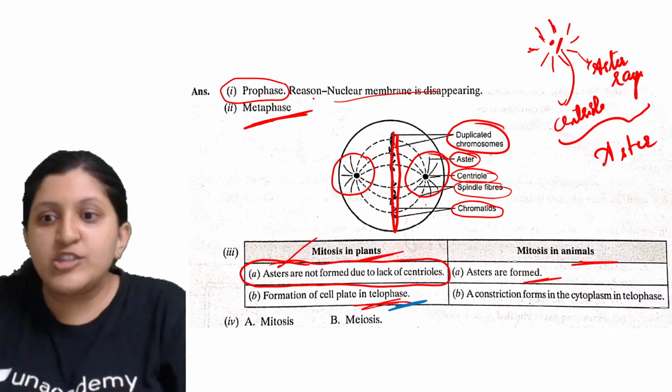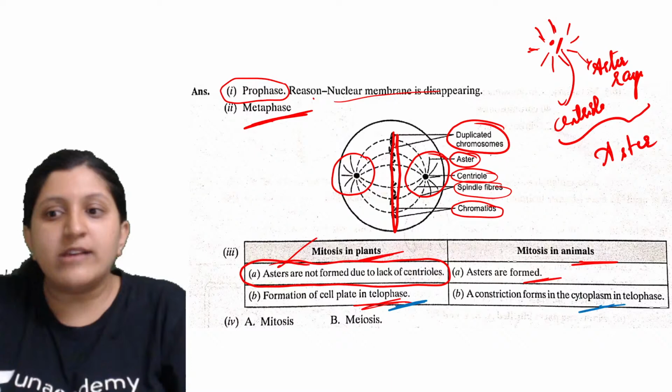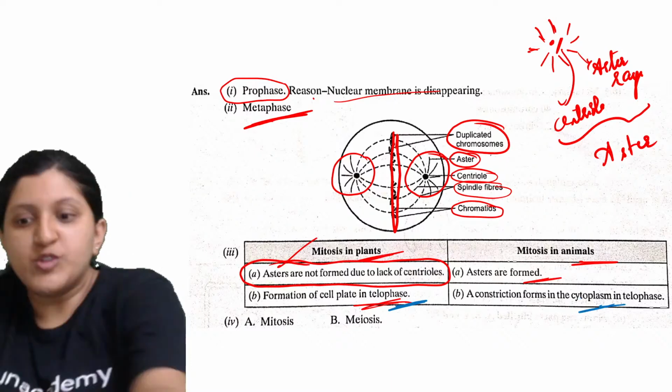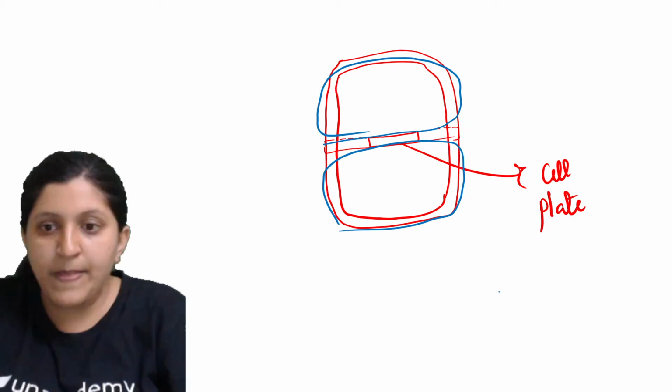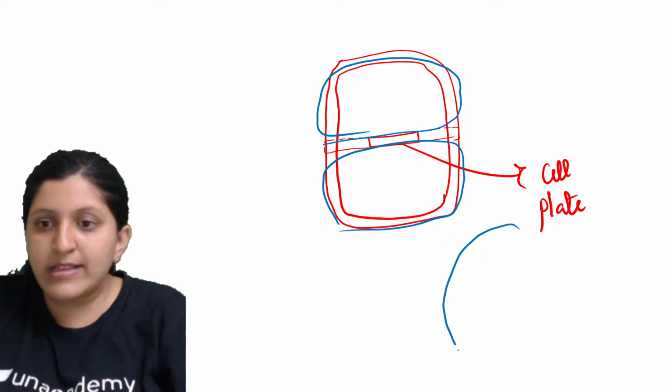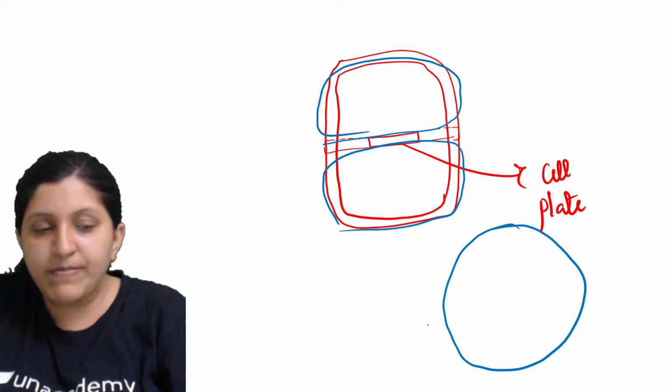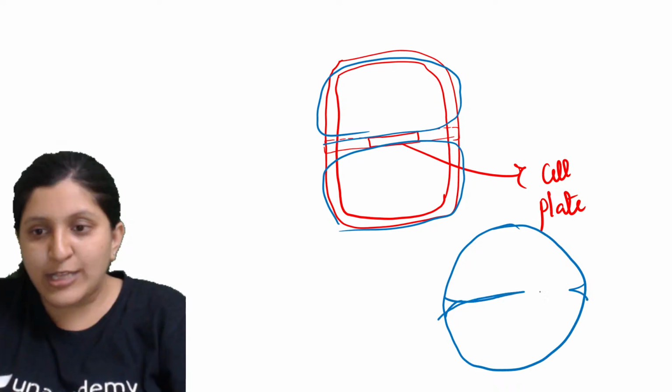A constriction forms in the cytoplasm, so that is in the telophase. So what is that constriction? So if it is an animal cell, we would see that this is an animal cell now. Okay, so constriction is basically a furrow formation that you can see, which will grow from outside to the inside. So deepening of this constriction you can see.